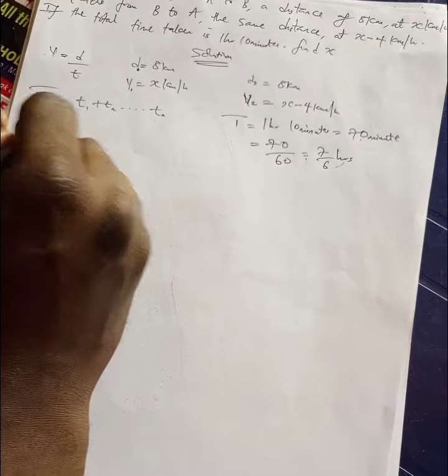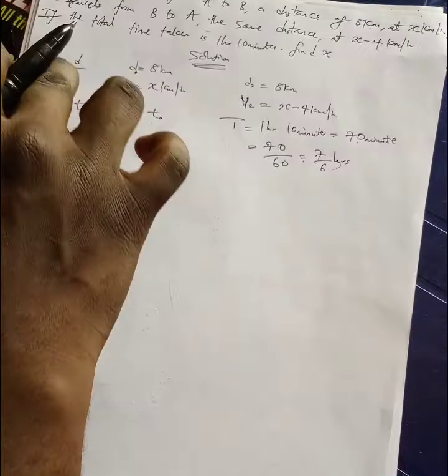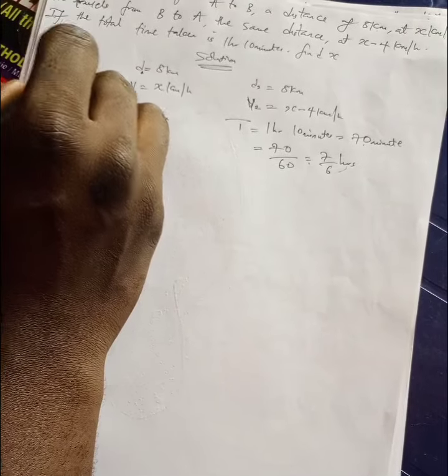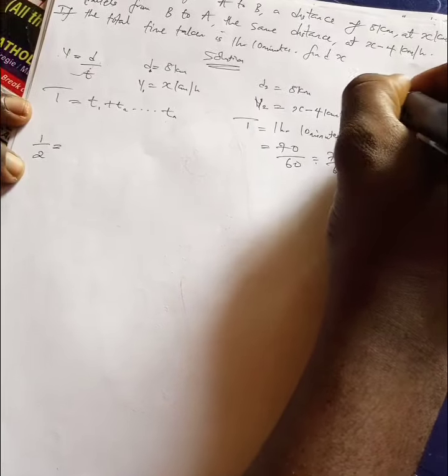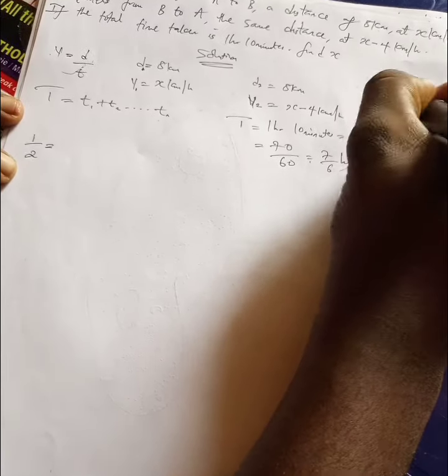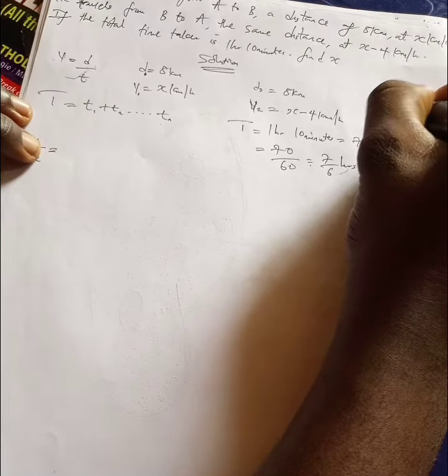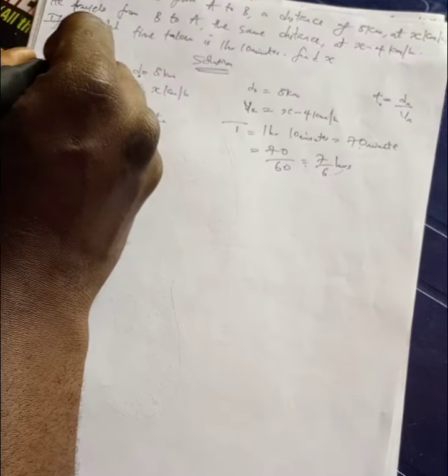So the total time taken, I just input it into the formula here. From this particular equation, I can say T is equal to D over V. If I call this Tn, Vn, so this should be n.